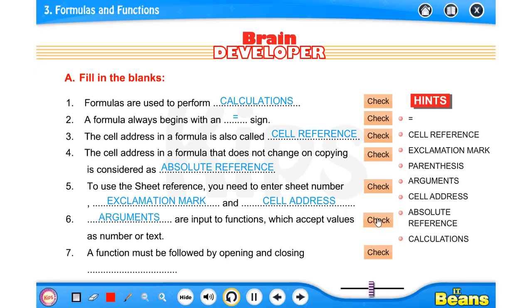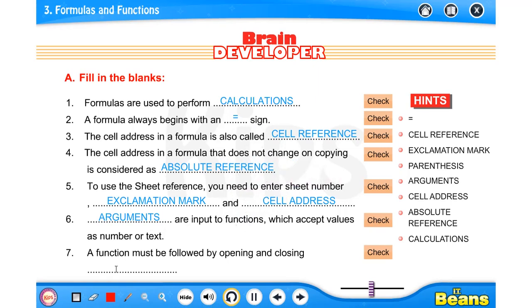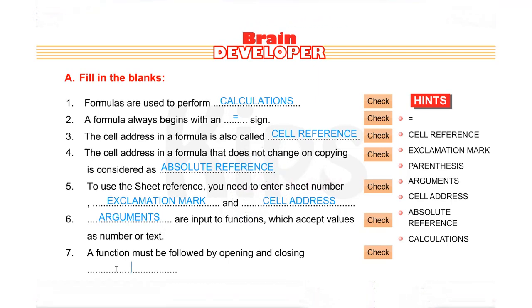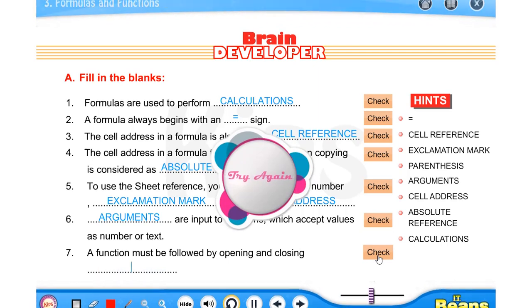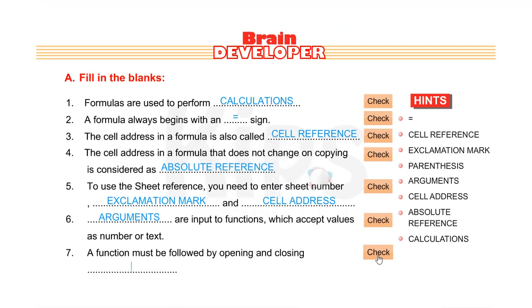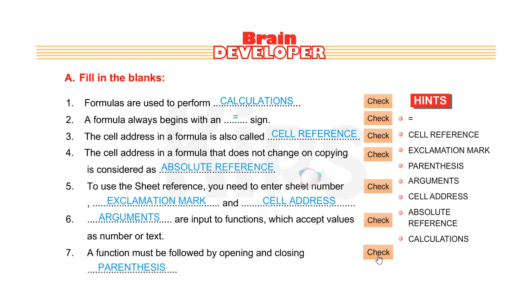Let me check it. It's right. Now the last one. A function must be followed by opening and closing dash. Only one option is left, that is parenthesis. Oh, why? Okay, our spelling is incorrect. Now it's correct.